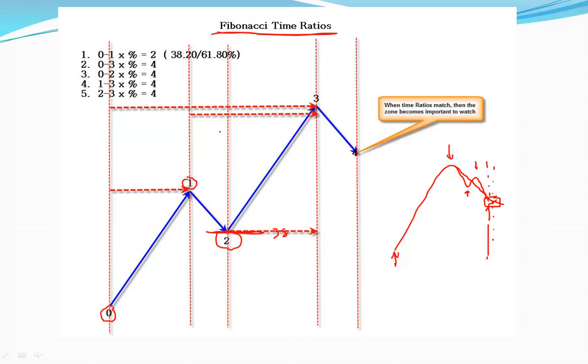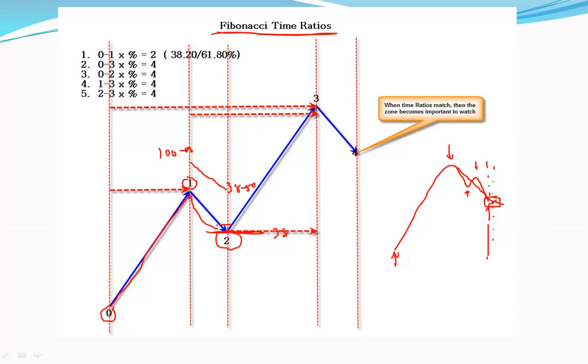So what we look at is, for instance, let's just say the market went up for 100 minutes. When it went up for 100 minutes, and we look at the corrective process, we would say, okay, maybe 38 minutes to 50 minutes it's going to take to correct from here to here.